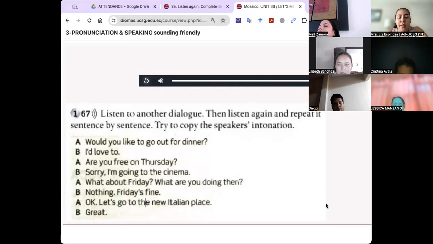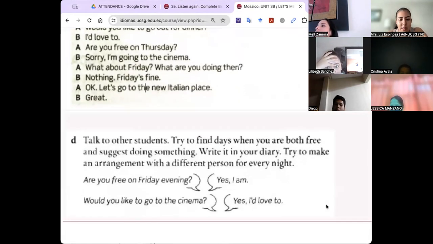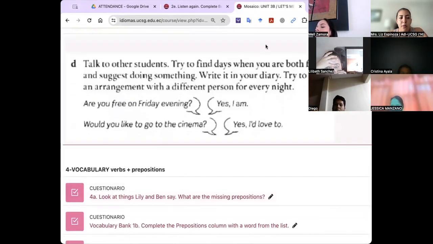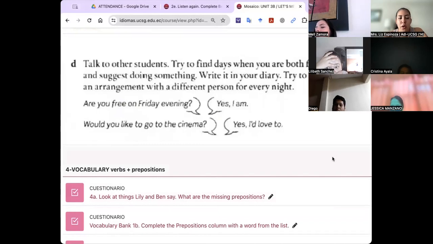Okay, so as you listened, they were not speaking like, okay, let's go to, no. It was natural, sounding friendly, and that is the idea, okay? So we're going to just practice a couple of these questions. It says, talk to other students, try to find days when you are both free and suggest doing something. Write it in your diary, just taking notes.